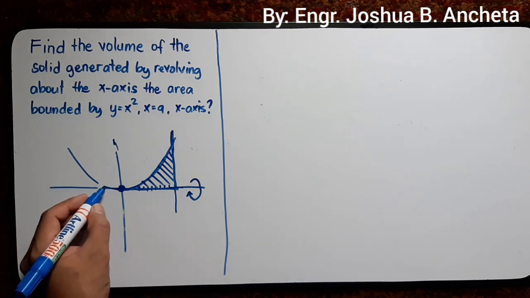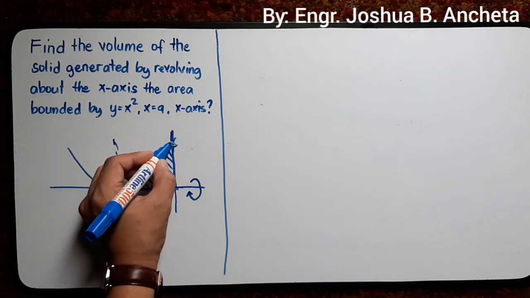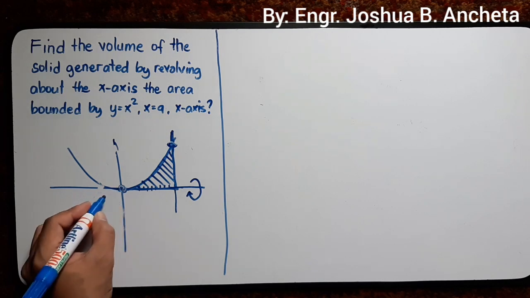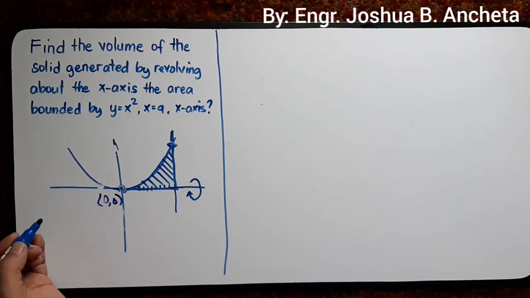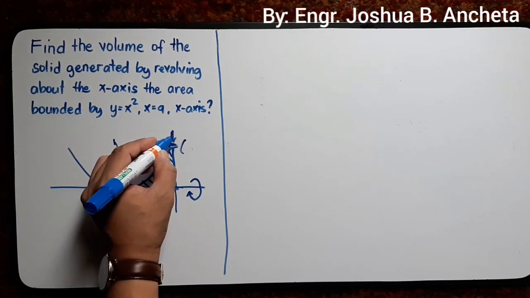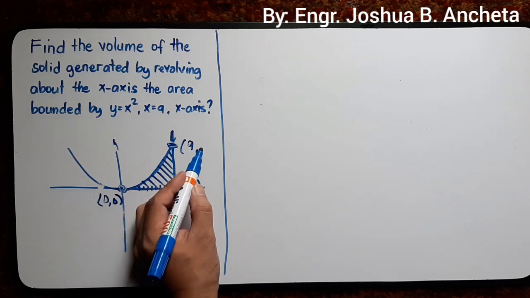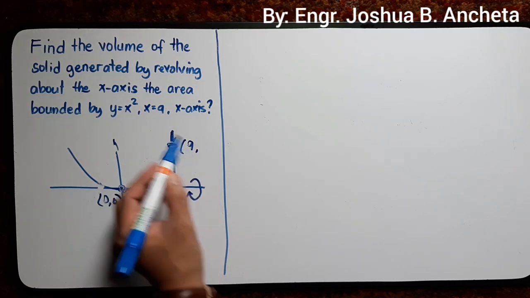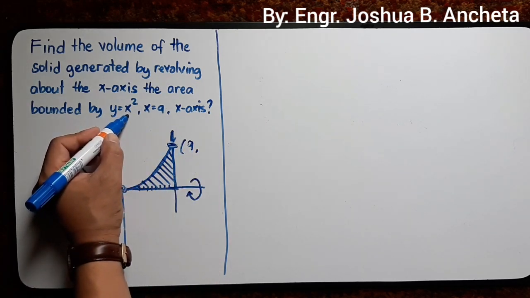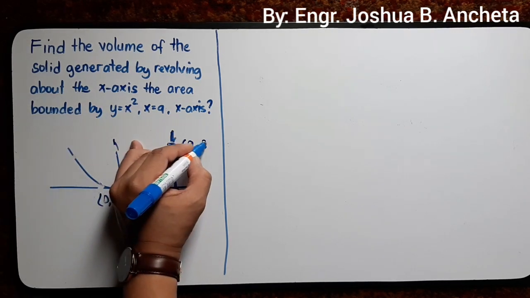First, let us indicate again the intersections. This is at (0, 0), and we already have x here, which is 9. To determine the y coordinate, let us use the given curve. If x is 9, y is 81.